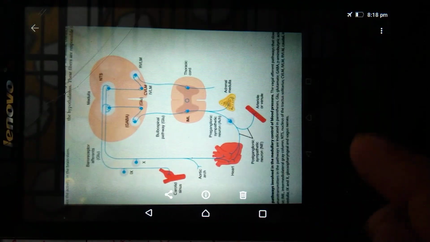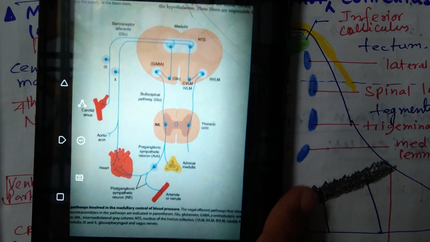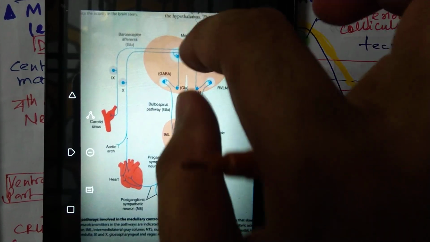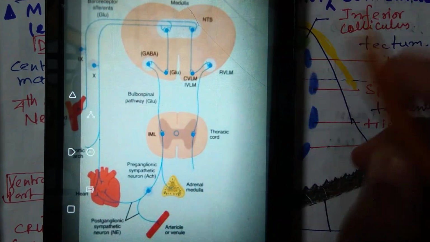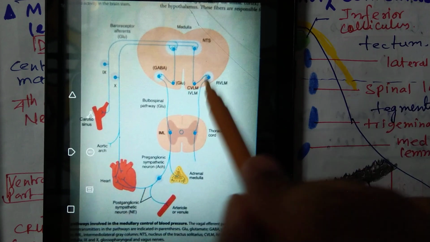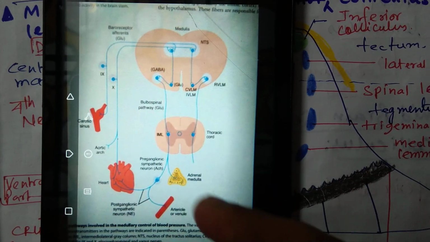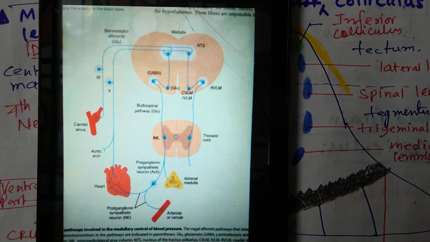How? Look here, look at this diagram. This is also taken from Ganong physiology. It is a representative schematic diagram of blood pressure regulation by the carotid sinus. The carotid sinus as well as the aortic sinus both regulate our blood pressure.